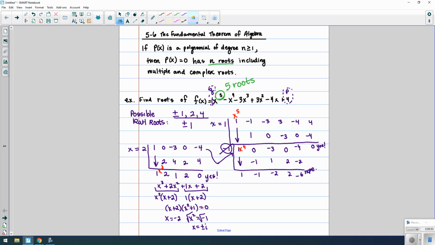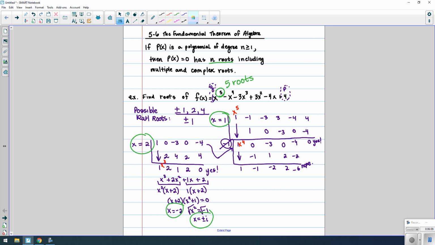And the fundamental theorem of algebra just says that those roots can be multiples, they can be complex, of course they could be real. All right, well, how many did I come up with? Here's one, here's one, here's one, and then there are 2 more. 1, 2, 3, 4, 5. I have 3 real roots. X is equal to 1, 2, and negative 2.